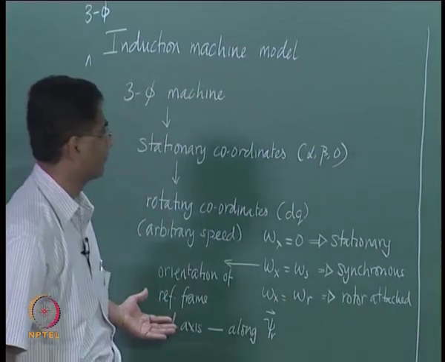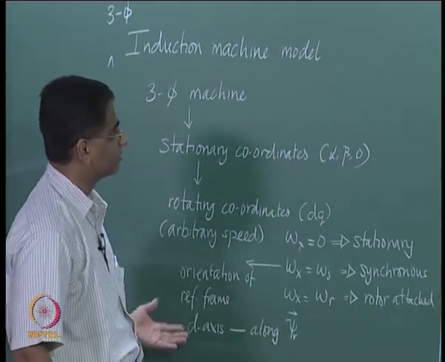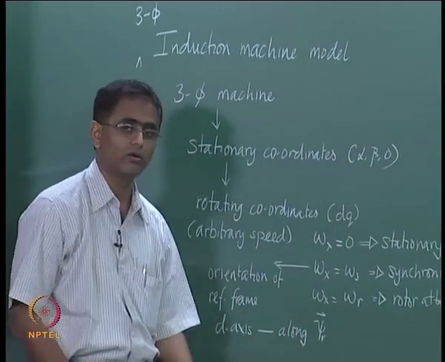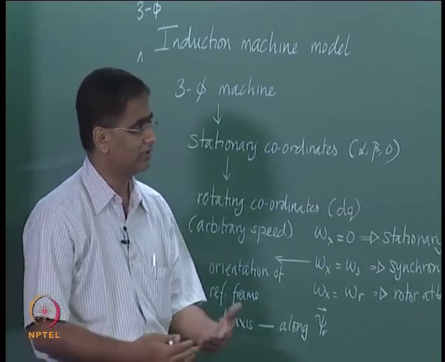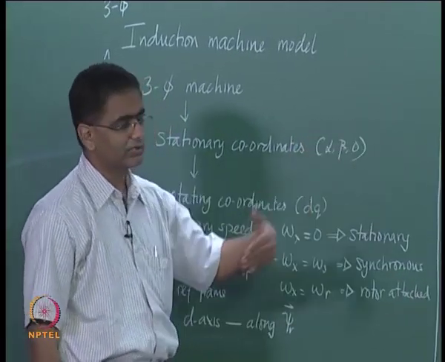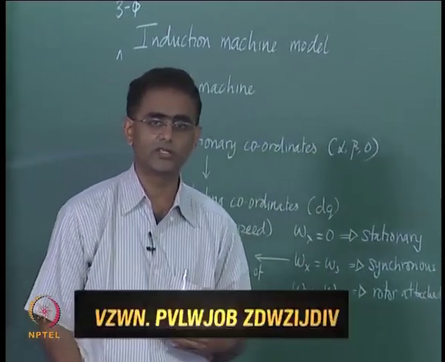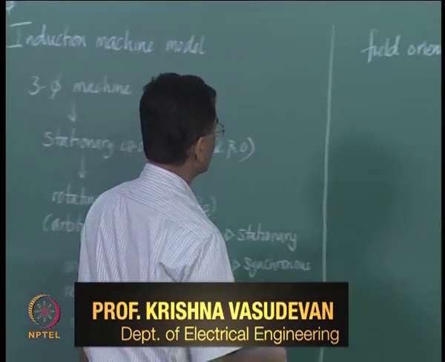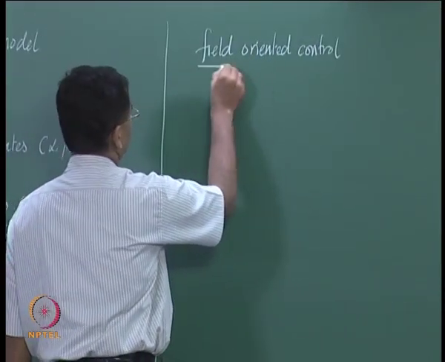You choose a reference frame such that it is oriented along the field, either the rotor field or the stator field or maybe some other field, and then that results in certain simplifications as far as motor control is concerned. This is what we had seen in the last lecture.